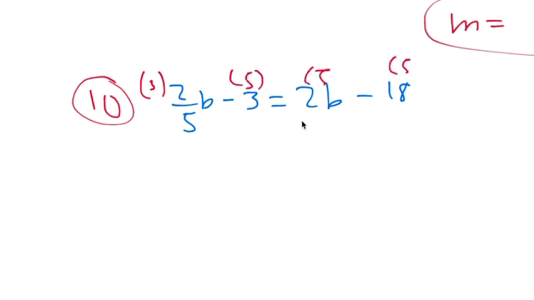I'm going to clear it out. I'm tired, guys. That's 2b minus 15 equals 10b.